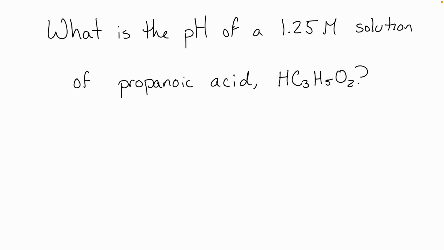For a weak acid, we have to consider the equilibrium expression for this acid when it reacts with water. Strong acids, we can just assume that the concentration of hydronium is the same as the concentration of acid, but for weak acids, we can't make that assumption, right? So we have to go the long way using the equilibrium expression and the ICE table.